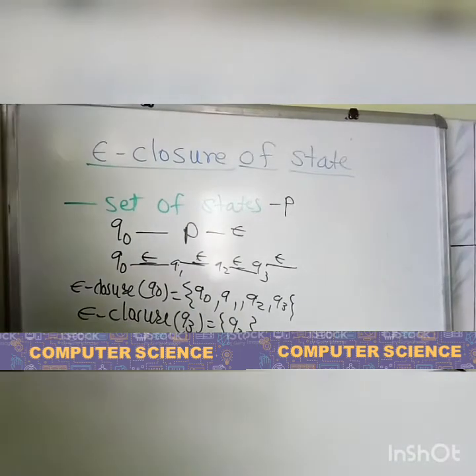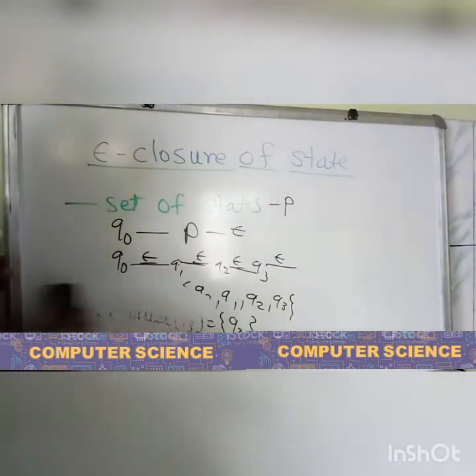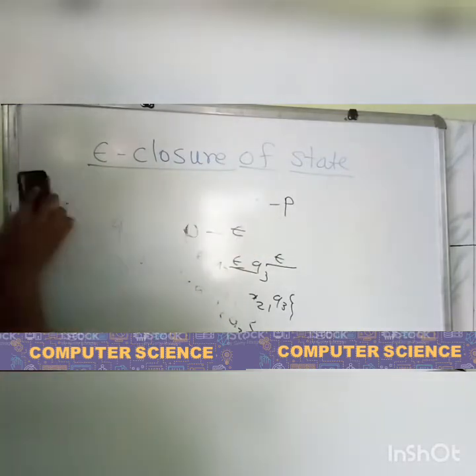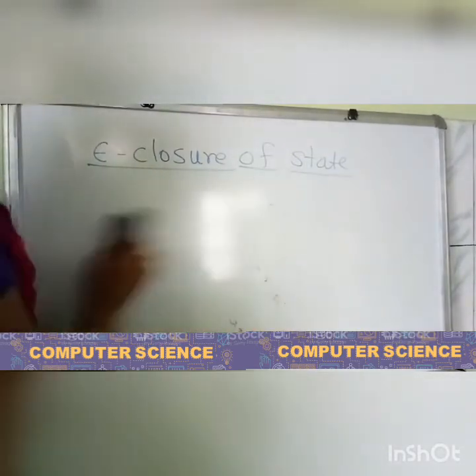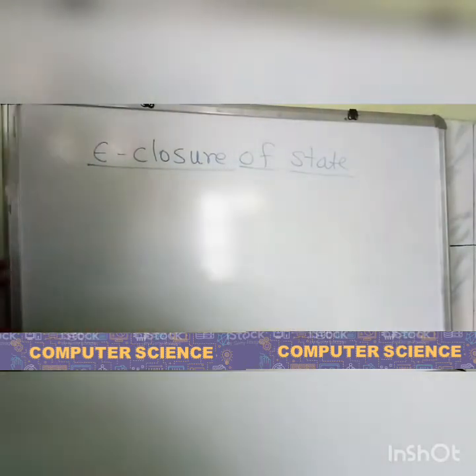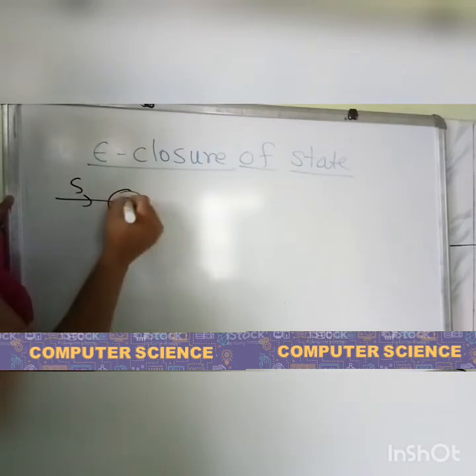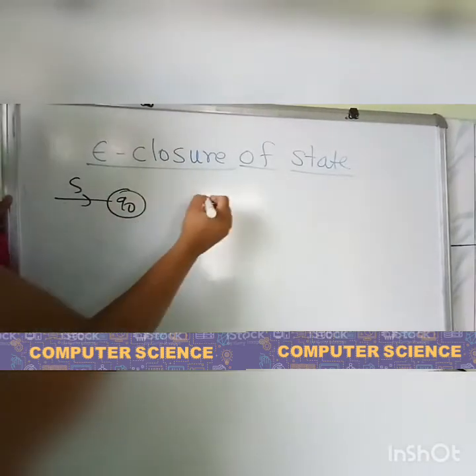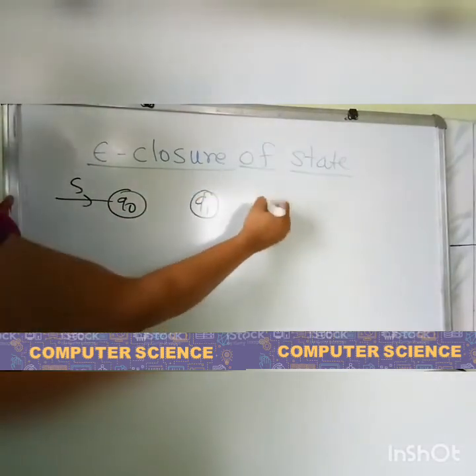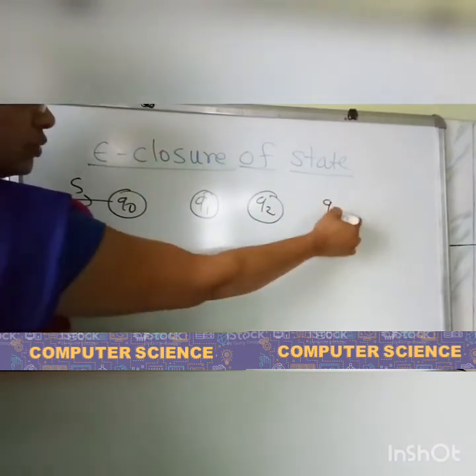Now we will take one example and try to calculate the epsilon closure of different states of one NFA. Suppose we consider an example with Q0, Q1, Q2 and Q3.